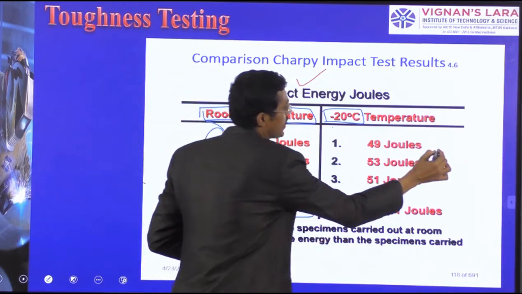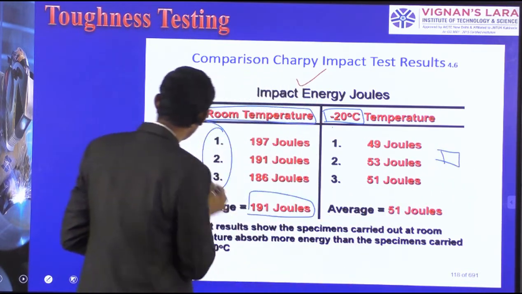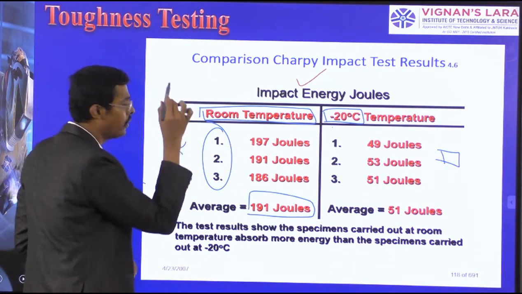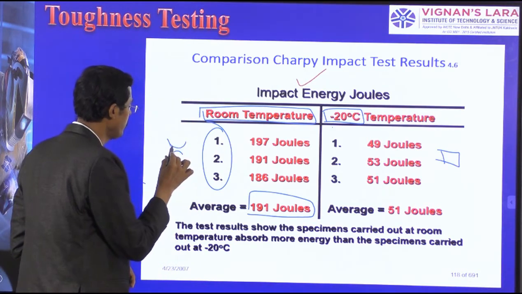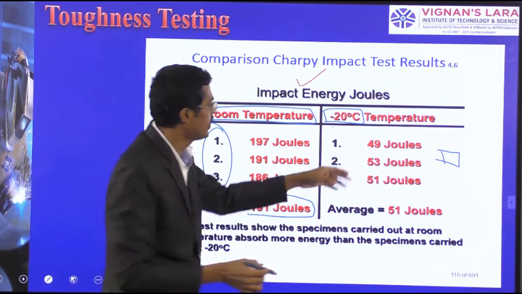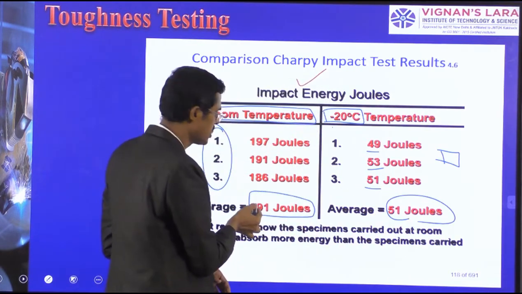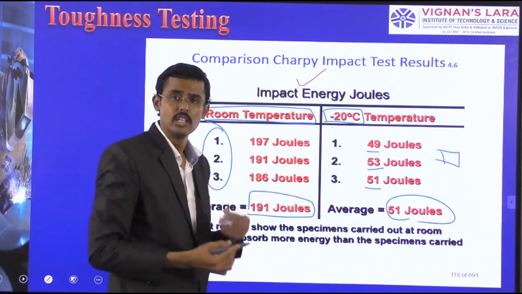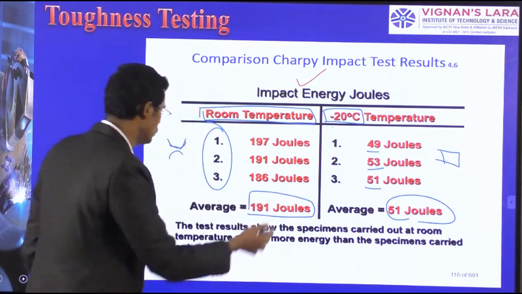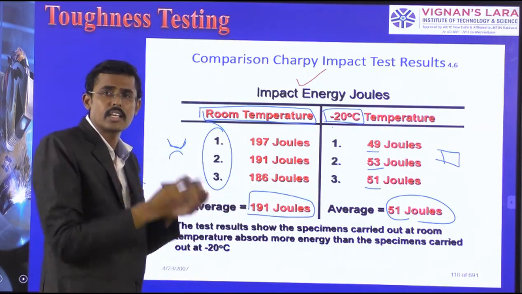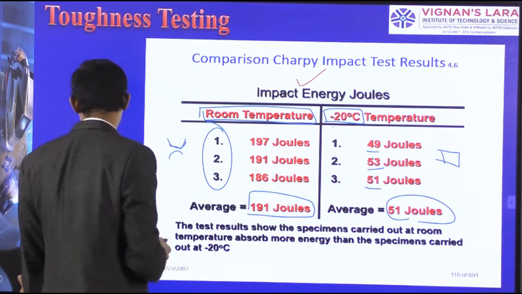It breaks completely and the texture is flat. Here the texture has a little cup and cone. The readings are 49, 53, 49, with an average of 51. So compare: here it is 200 and here it is 50. It is reducing. This we name the ductile to brittle transition.